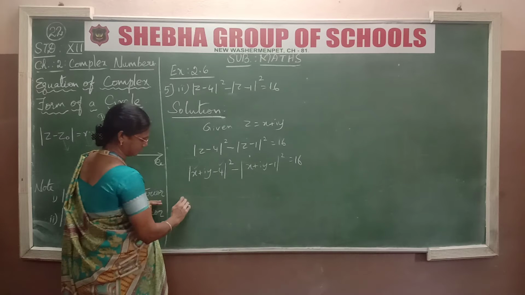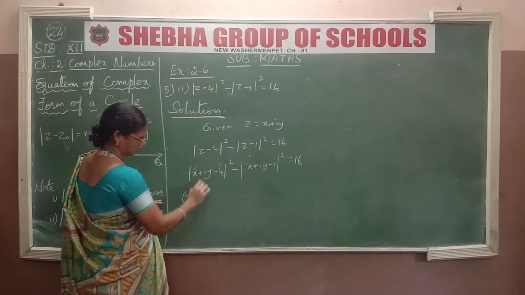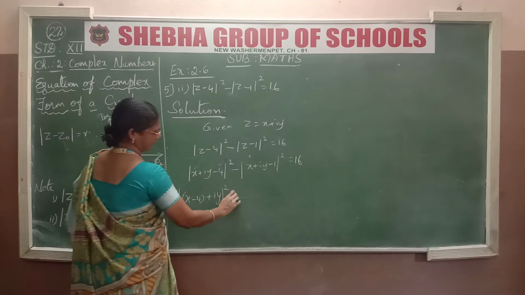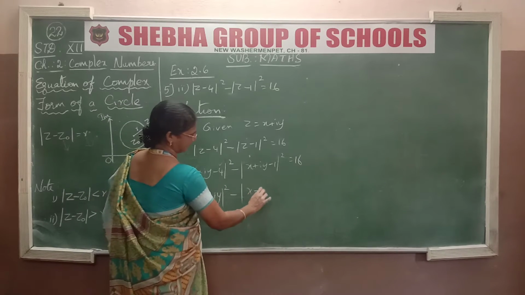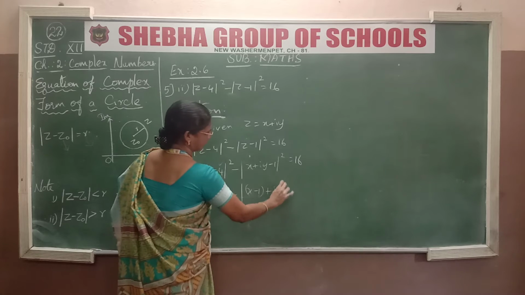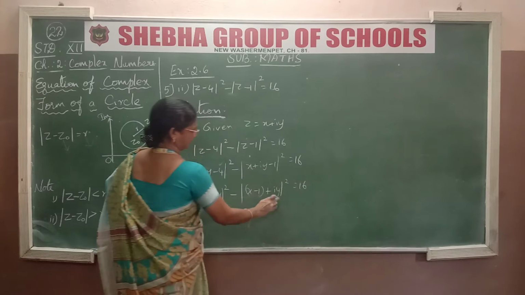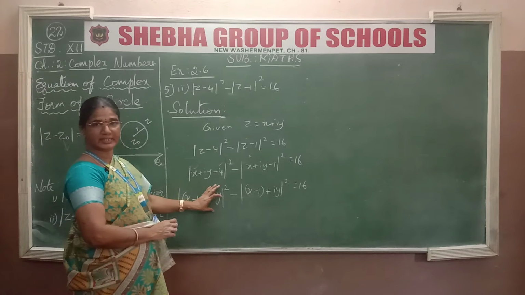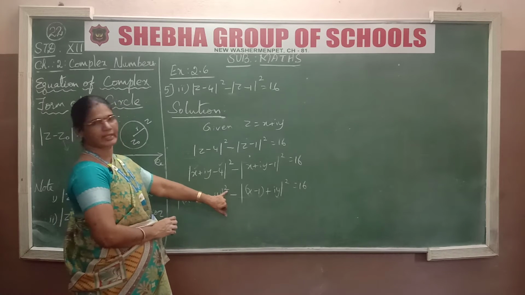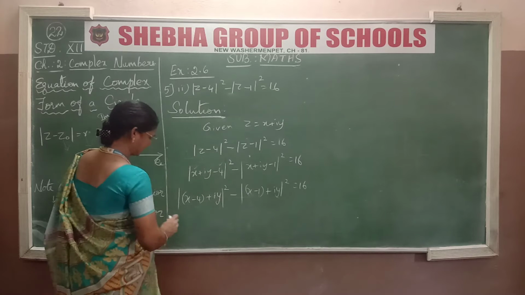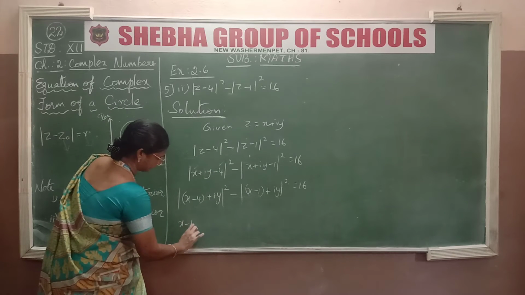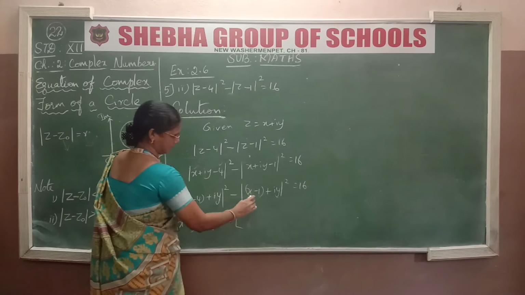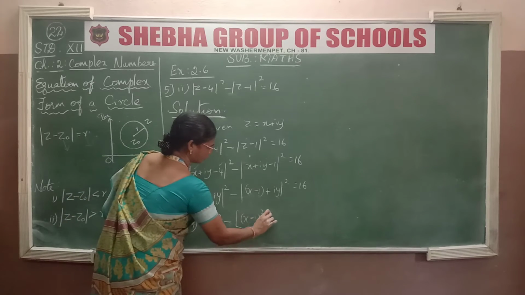Here real parts are x and minus 4, and imaginary part is iy, modulus square minus modulus x minus 1 plus iy whole square equal to 16. Now modulus becomes root of real part square plus imaginary part square, and modulus square is given, so square root gets cancelled. We get x minus 4 the whole square plus y square and minus, right in bracket, x minus 1 whole square plus y square.